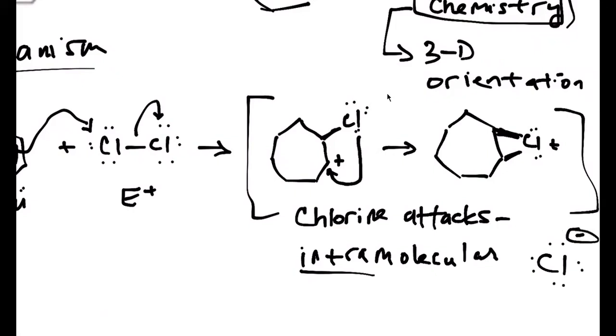But that intramolecular attack is faster than the other chlorine attacking. So it just closes up really quickly. Just basically due to proximity. You understand what I'm saying? Like that chlorine with those lone pairs is just sitting right next to that carbocation. So it's going to attack it.